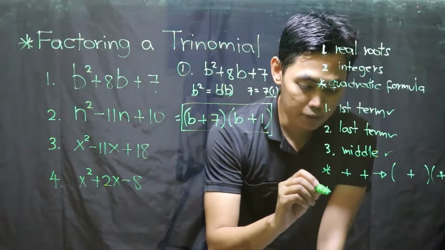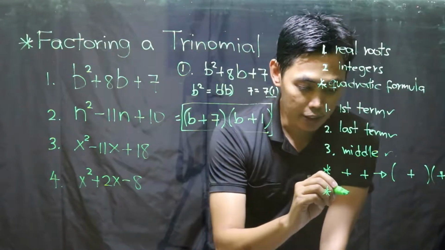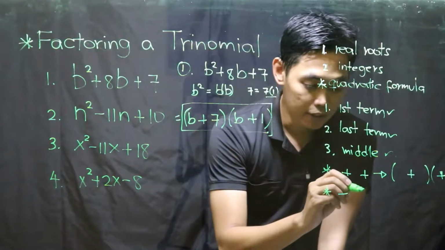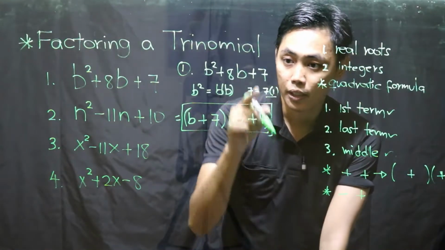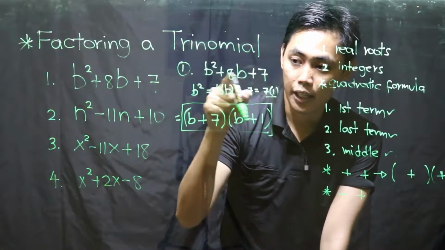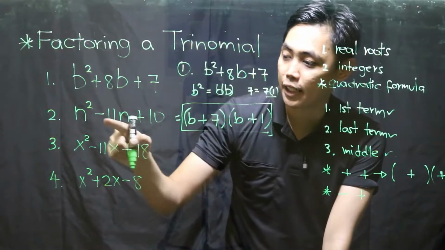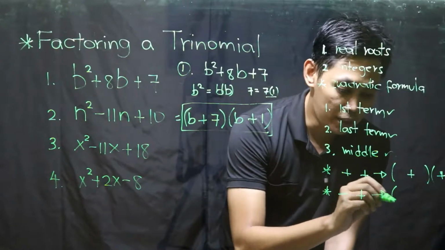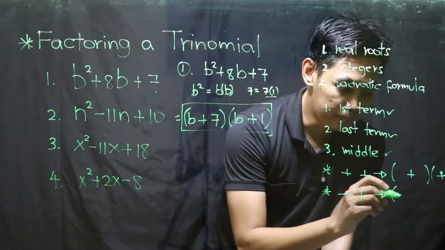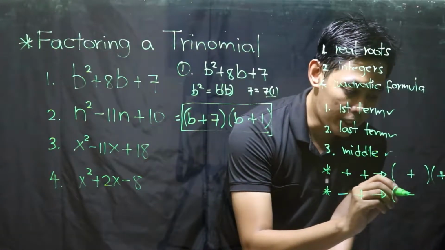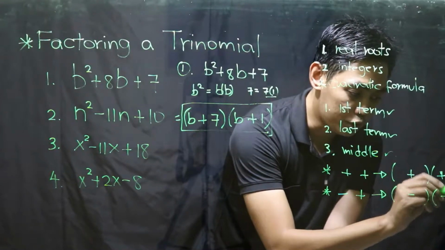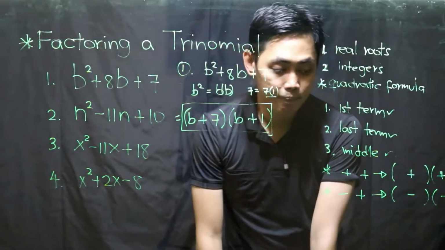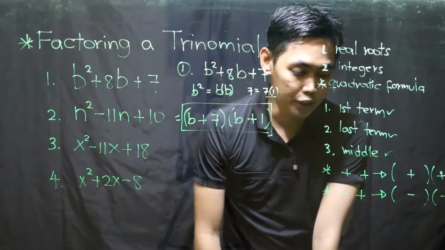And if you have negative and positive, then the rule is you will have minus and minus.